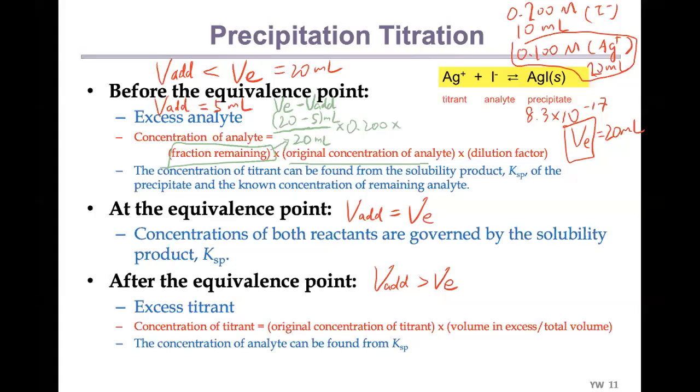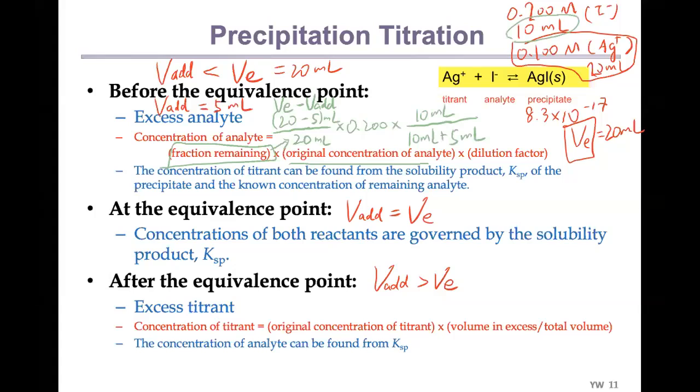And then you also have to consider that the volume of the solution actually changed. Originally, we have 10 milliliter of iodide sample solution, but because we added 5 milliliter of titrant, there's a dilution factor. This is the original volume, and the dilution factor is the original volume plus the volume you added, which will be 5 milliliter.